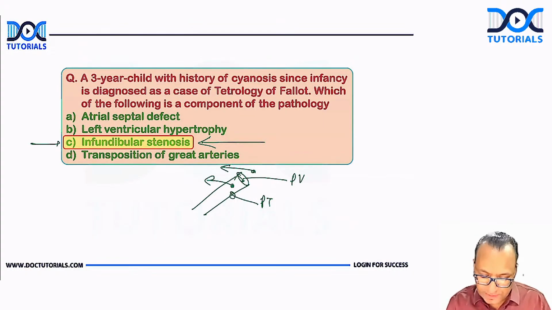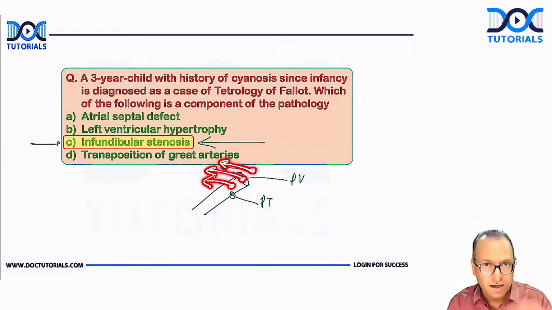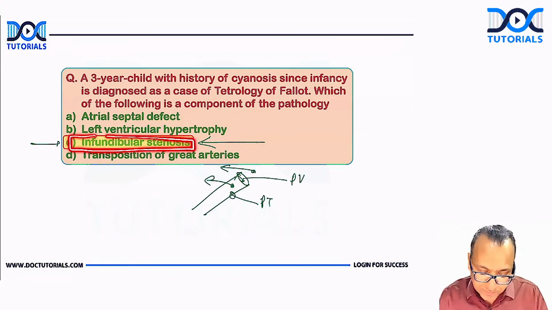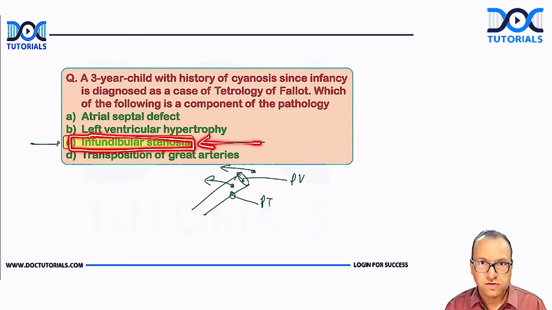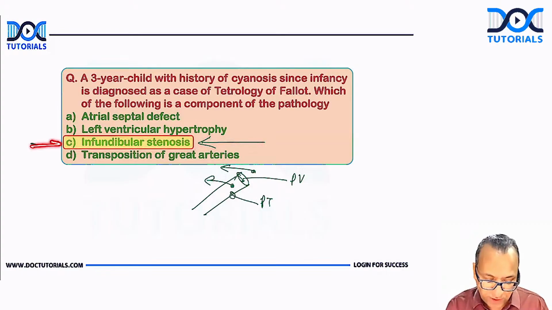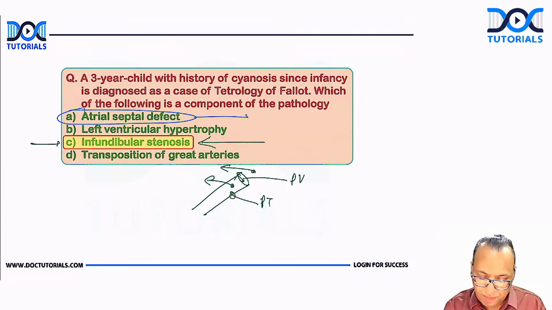So usually there is a narrowing before the pulmonary valve, but it can be under the valve, or even distal to the valve, but it is the infundibular region which is more common. You say subpulmonic stenosis also. Remember these terms, subpulmonic stenosis or infundibular stenosis. And ASD, as I am telling, can be there, but that is pentalogy of Fallot.